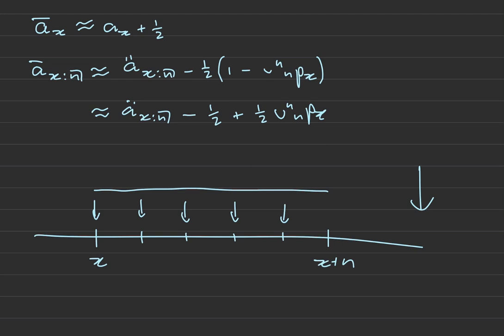Okay, so that's pretty much the best understanding I can give you. And to be honest, if I think about it quite deeply, I can find a few flaws with it. For example, why am I still adding this half if the person dies within the term? But don't think about it too deeply.